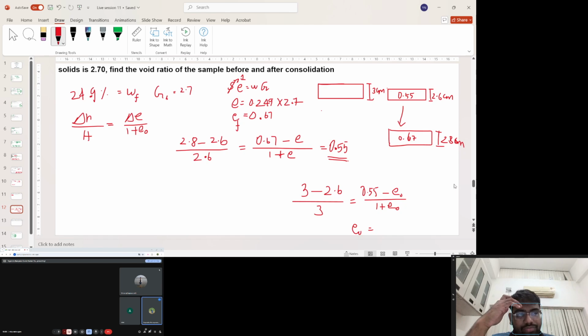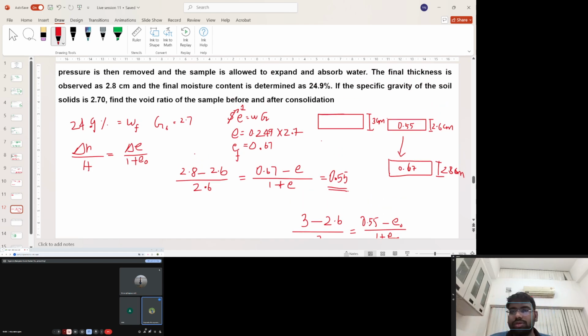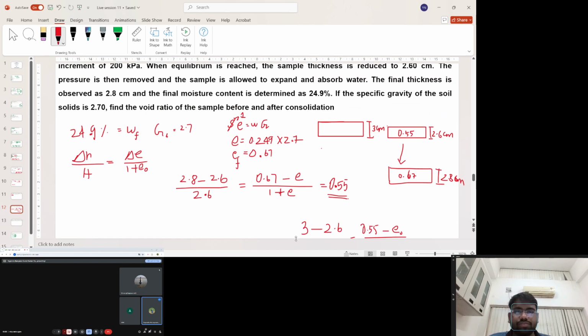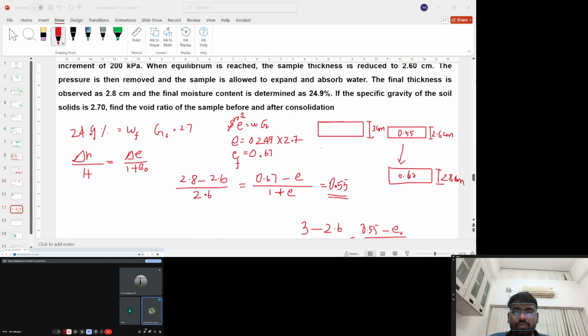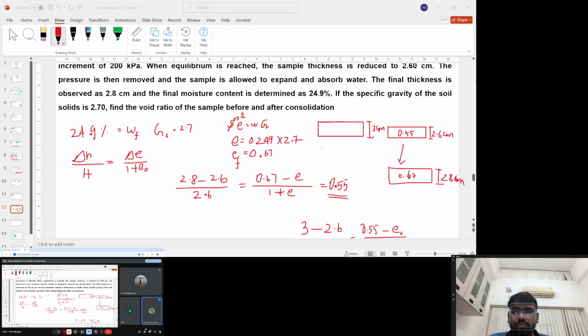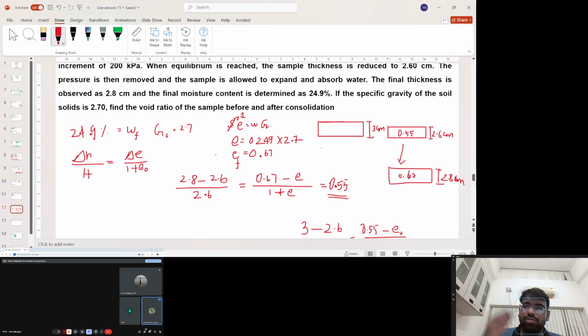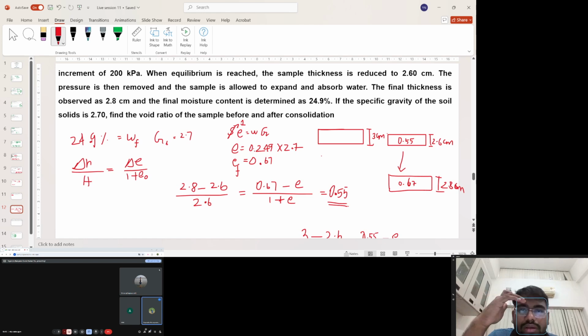Then 0.8 minus 2.6. Getting the final value, we are getting 0.67. This is fine.